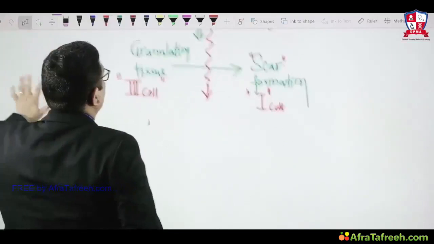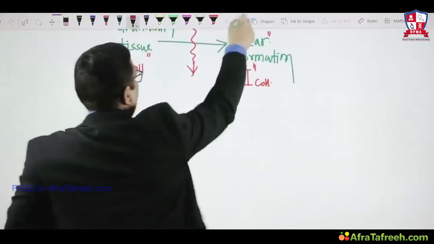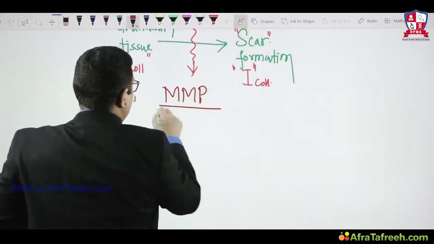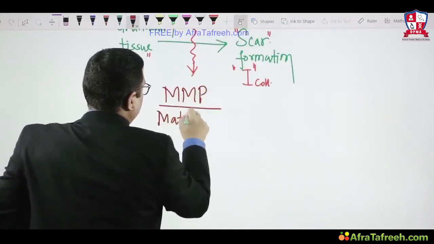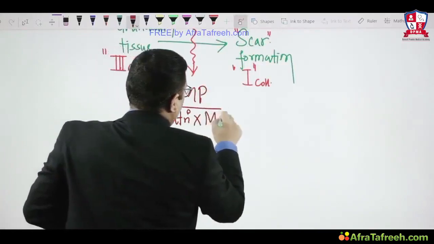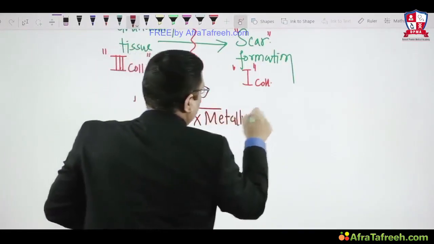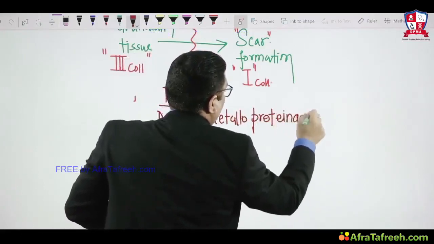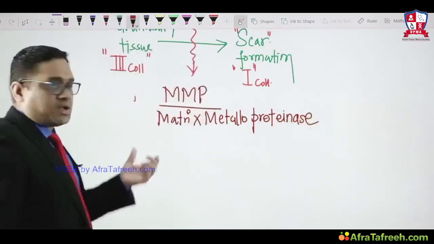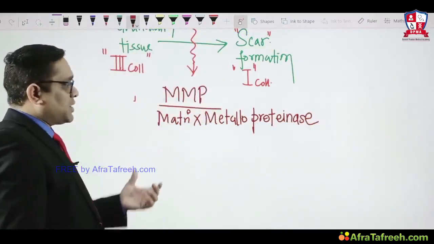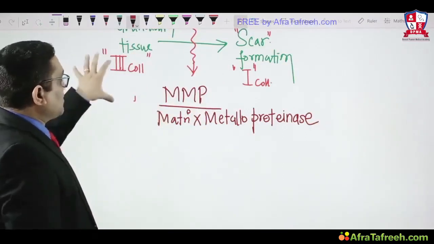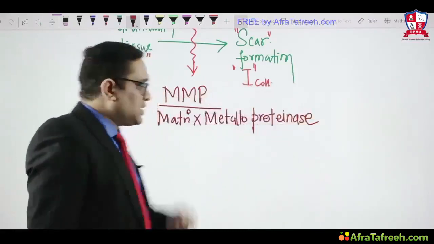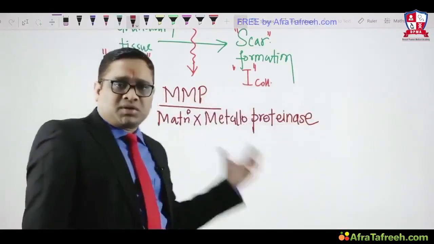Tissue remodeling is done by matrix metalloproteinase. Matrix metalloproteinase degrades type 3 collagen and synthesizes type 1 collagen, and that is responsible for tissue remodeling.